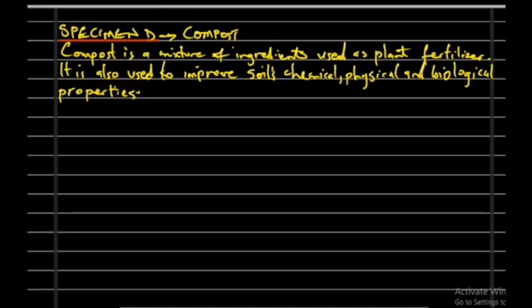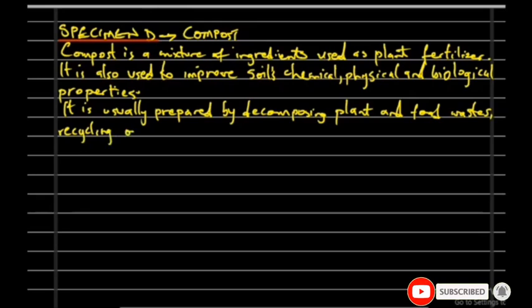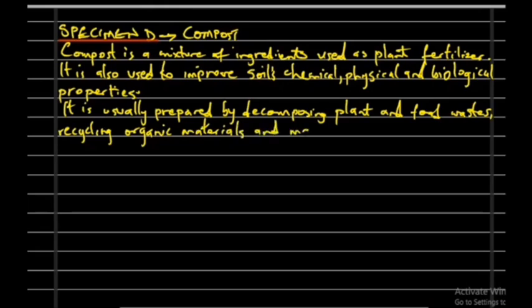It is commonly prepared by decomposing plant and food waste, by recycling organic materials and manure.